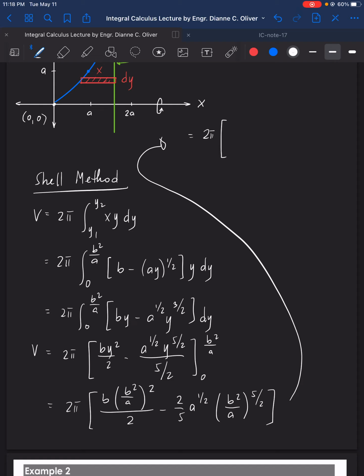square, so this becomes b raised to 5. So b raised to 5 all over 2a squared minus, we now have here 2 times, so b raised to 5 all over, so this becomes 1/2, so this is 5/2. So I'm looking at this portion here.